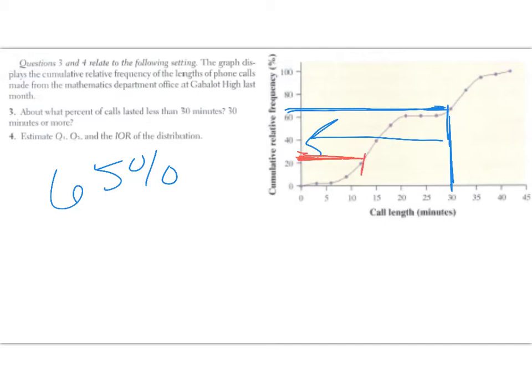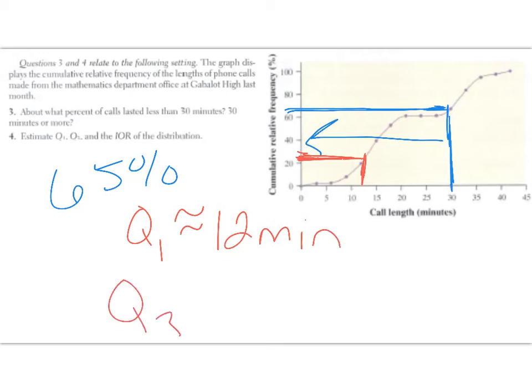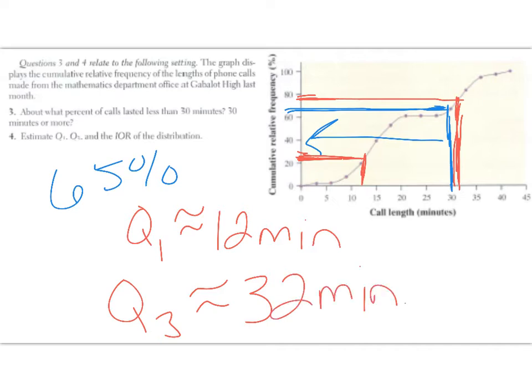So when we go over and we follow this line down, let's say Q1 is approximately 12 minutes. And then Q3 should correlate with about 75% of my data points. So let's come up here and come across. And then when I go down, let's go with about 32. So we're at about 32 minutes.